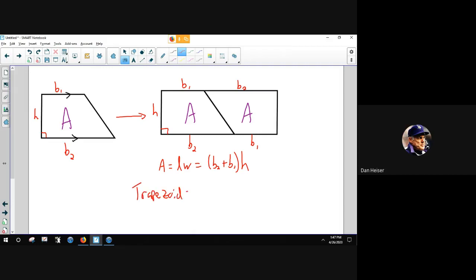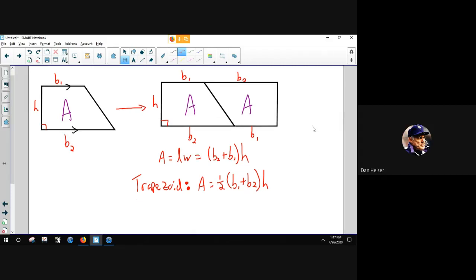All I have left to do is divide by 2, which means multiply by a half. And usually we write it like this: 1/2 (B1 + B2) multiplied by the trapezoid's height. And as always, in fact, this is true no matter what, the base and height must be perpendicular.